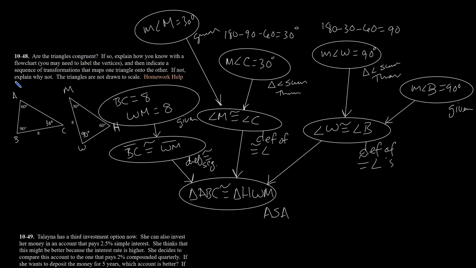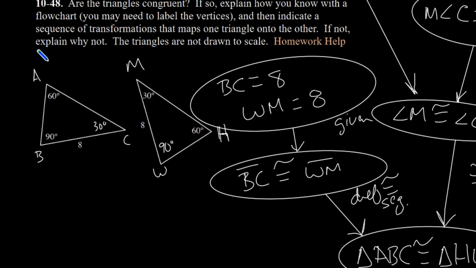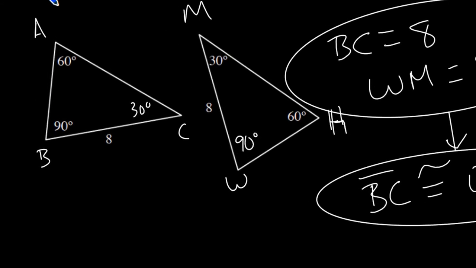It does ask us to finish by describing a series of rigid transformations that could map one triangle onto the other. If I just spin these triangles around, the 60, the 90, and the 30 are never going to line up. So I know that I need to do a reflection.